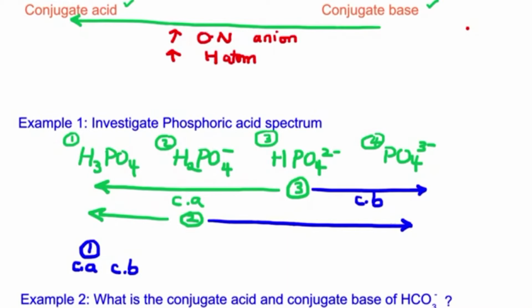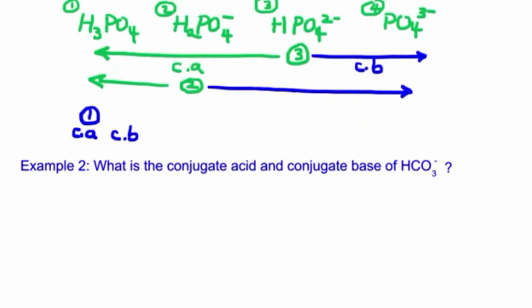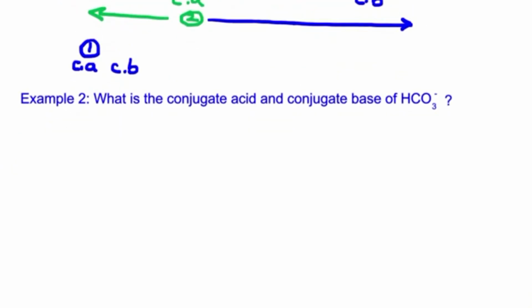And now that's out of the way, we're going to go into example 2, which is what is the conjugate acid and conjugate base of this particular compound right there. Now this compound, which is known to be HCO3 with a charge of 1-, actually first, to get a conjugate acid, we need to do something, which is to be able to gain a proton.